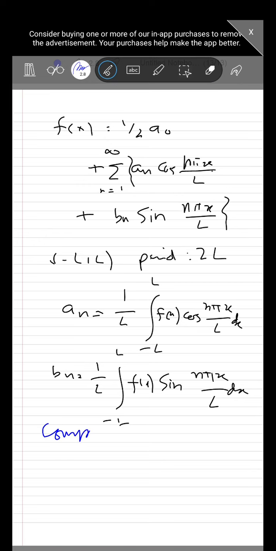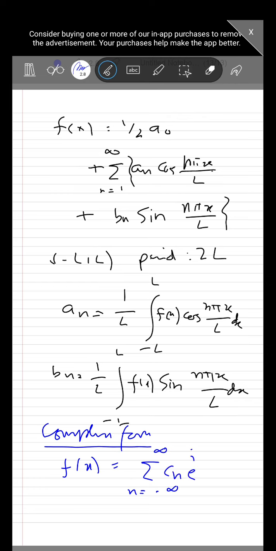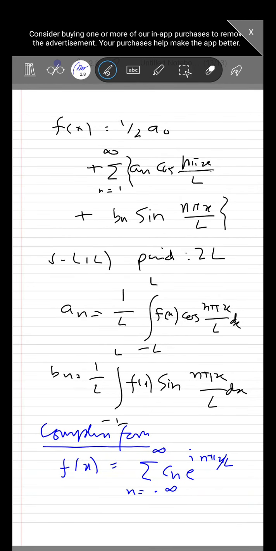In the complex form, the Fourier series can be presented as f(x) is equal to summation n is equal to minus infinity to infinity of Cn e to the power i n pi x by L, where Cn has the value 1 by L integration over an interval of 2L of f(x) e to the power minus i n pi x by L dx.